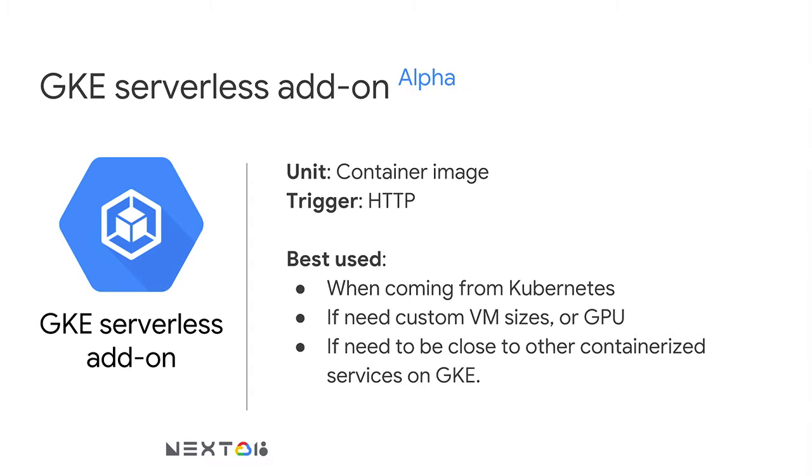And the last newcomer is the GKE serverless add-on. Here, the unit is the container image. Of course, the add-on allows you to build from source to image, but at the end of the day, the things that are running and scaled for you are container images, even if you build them from source using our tooling. So when will you pick that one?